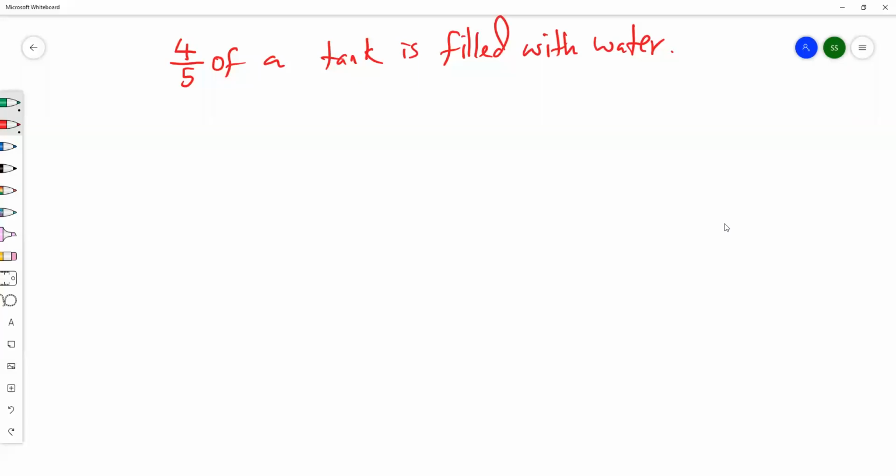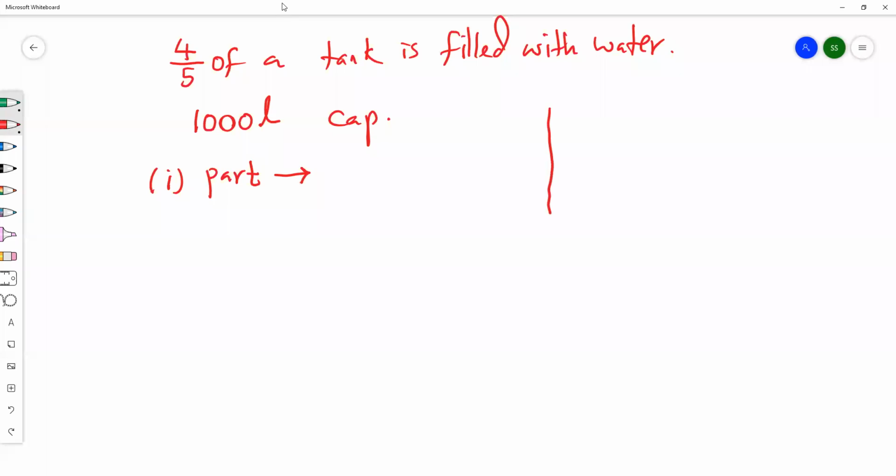The capacity of the tank is 1,000 liter. Find the remaining part which is not filled with water. The question is find the remaining part which is not filled with water. Remaining part as a fraction.